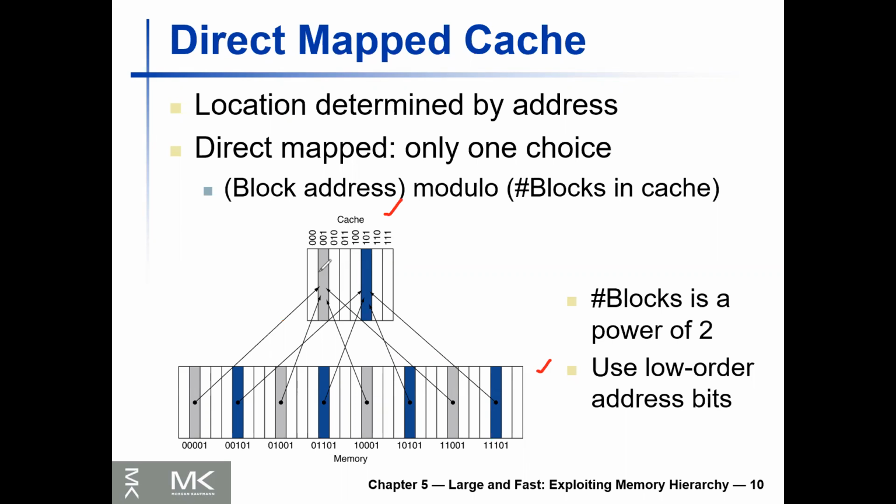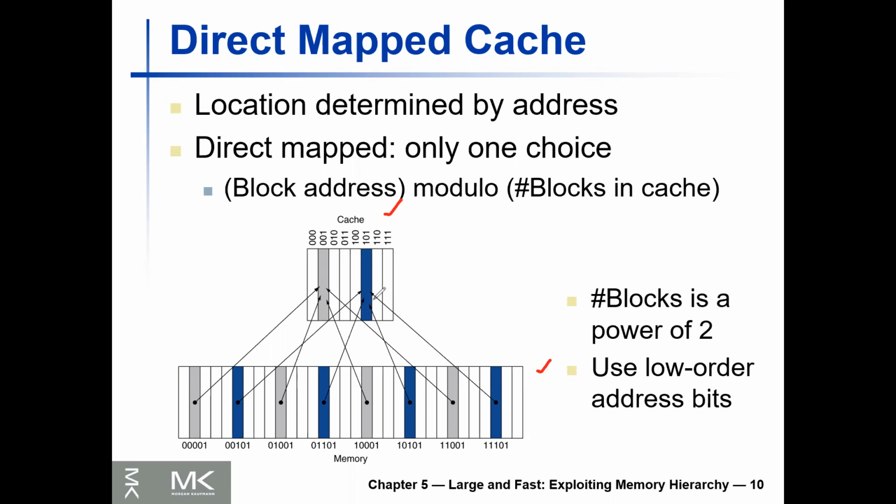These are the cache blocks: 8 places. But in the RAM we have 32 blocks. Multiple blocks can be mapped to a particular cache block.